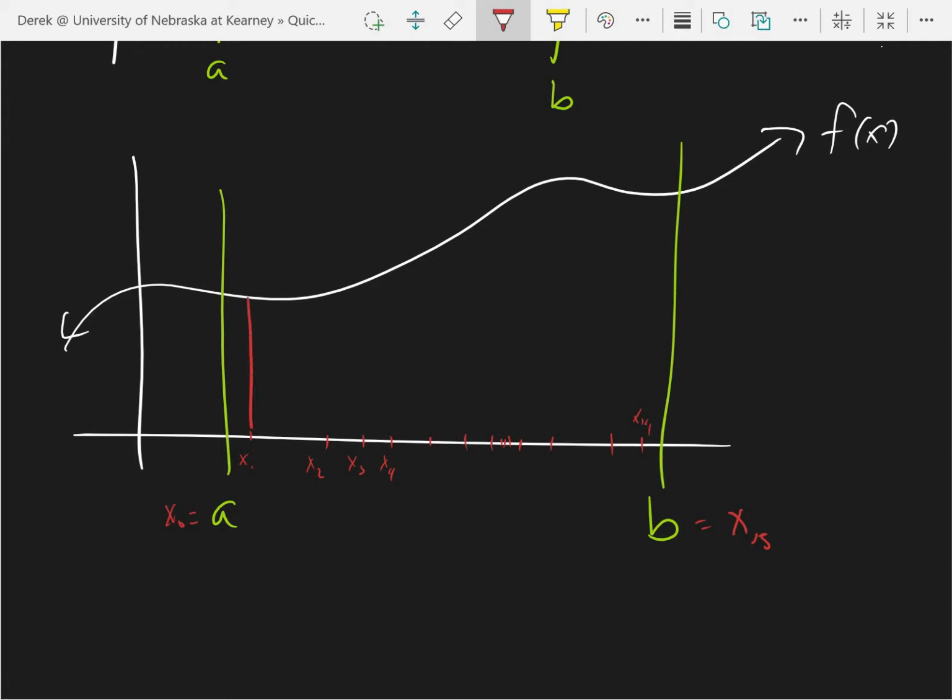And this partition is going to give me an approximation for the area under the curve. It's going to give me two approximations actually: an upper approximation and a lower approximation.